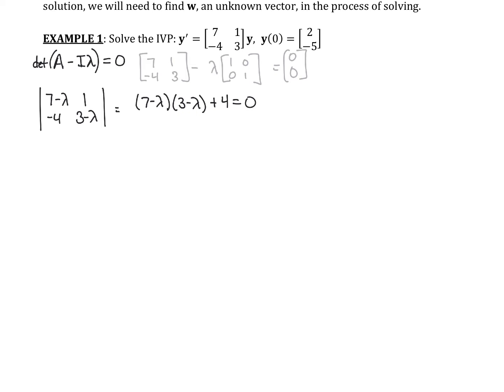If we FOIL these, we'd get 21 minus 7 lambda minus 3 lambda, so minus 10 lambda, plus lambda squared, plus 4, so 21 plus 4. And so factoring this, we'd get lambda minus 5 squared equals 0, which means lambda equals 5, and it's repeated. Multiplicity of 2.